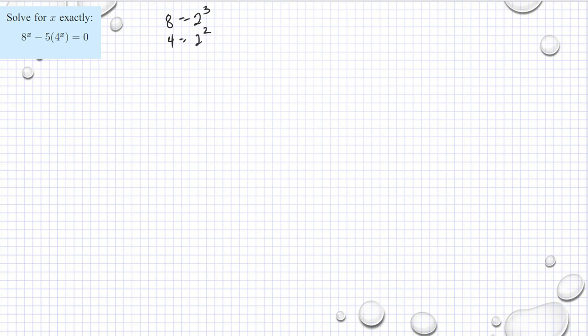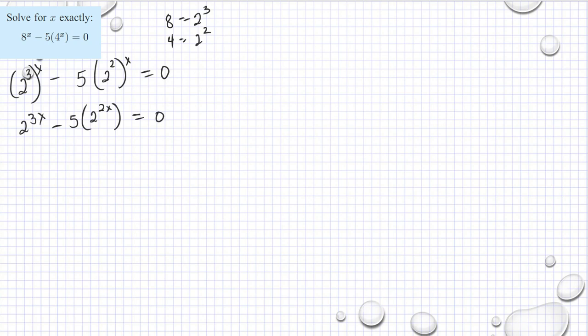So we have 2 raised to 3 raised to x minus 5 times 2 raised to 2 raised to x is equal to 0. Then we have 2 raised to 3x minus 5 multiplied by 2 raised to 2x is equal to 0.